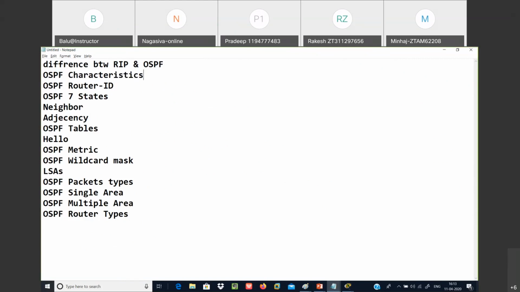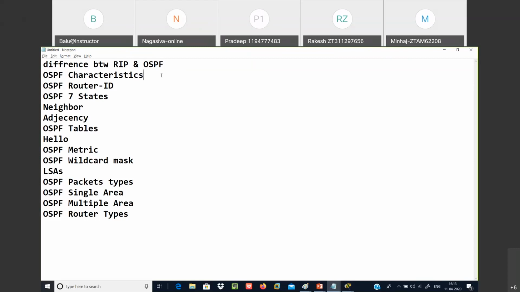OSPF characteristics. OSPF is an open standard. Is OSPF open standard or only a Cisco protocol? Please reply in the chat box. OSPF is an open standard, so it can support what? Multiple vendors. It is a classless routing protocol, supporting subnetting.